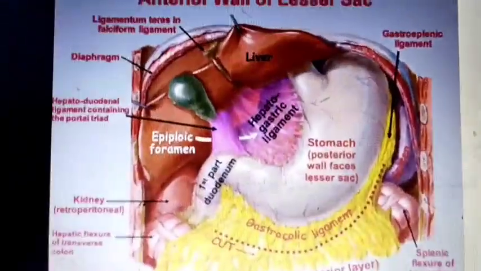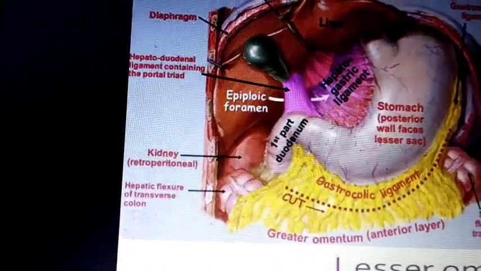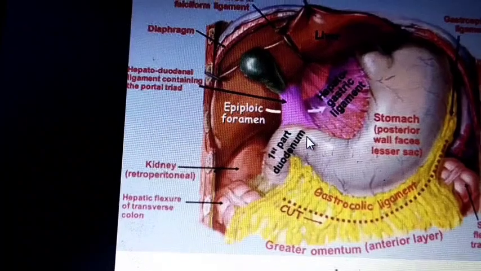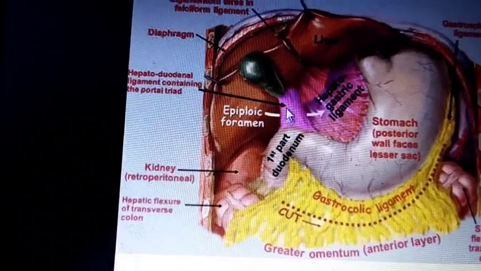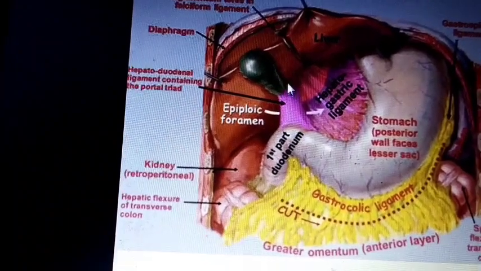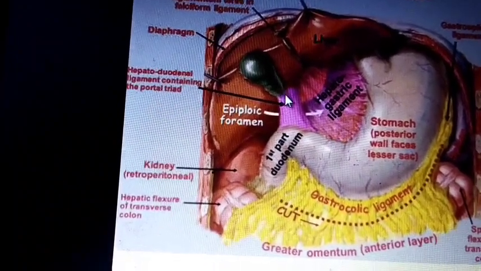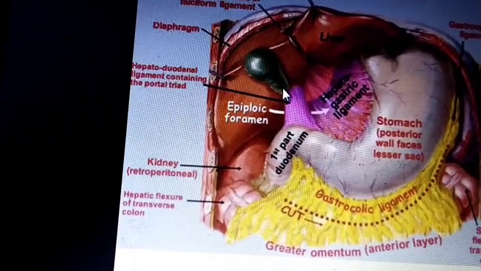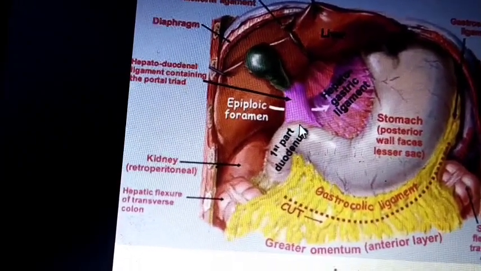You can see in this picture, this is our whole lesser omentum. Hepato means liver, so duodenum means hepatoduodenal ligament. Along this ligament, along this lesser omentum, the common bile duct runs.